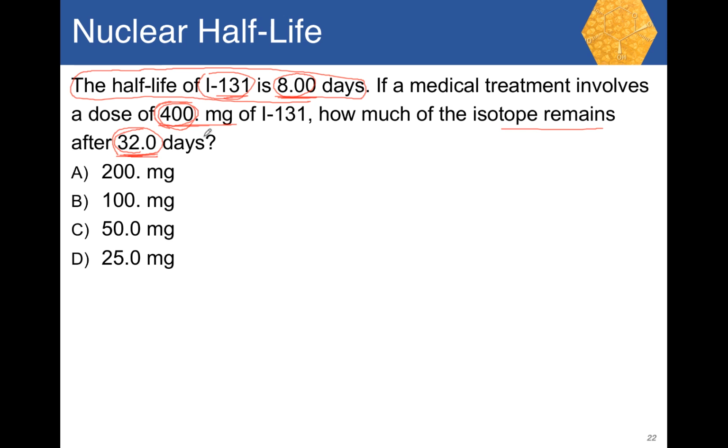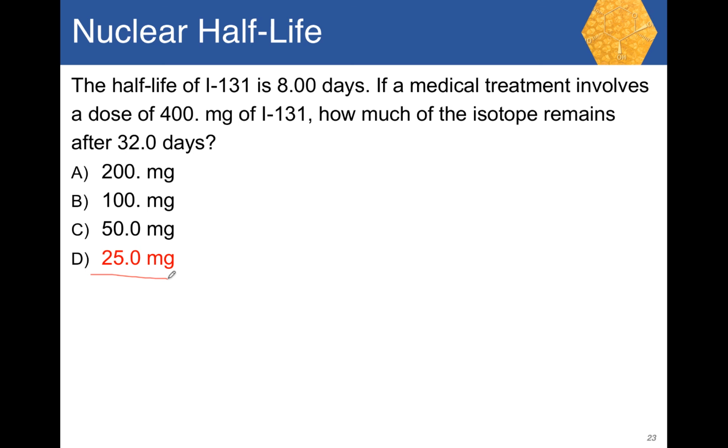Same calculations as we did on the previous slide. What you need to do is pause the video here and determine how many half-lives there are, 4, and this is 400 milligrams, and multiply that out and see which one of these you get. After you do that calculation, what you should end up with is 25 milligrams left in the body.